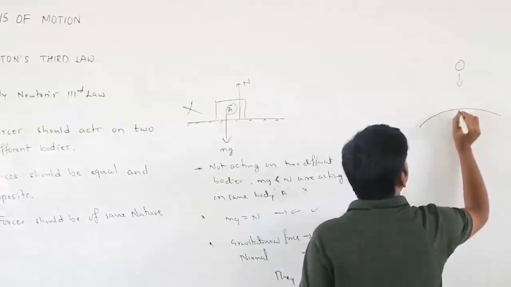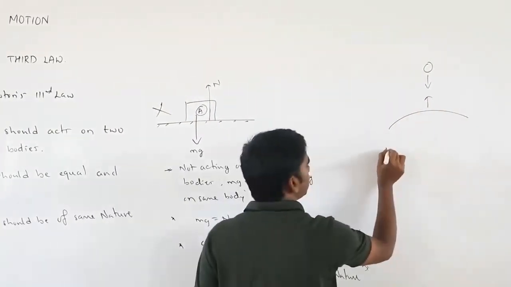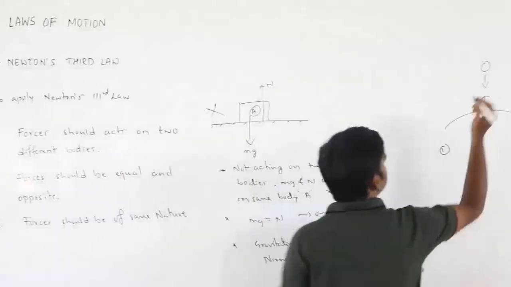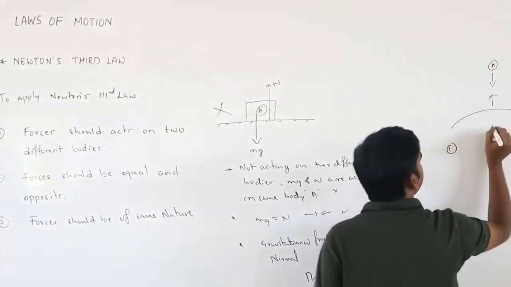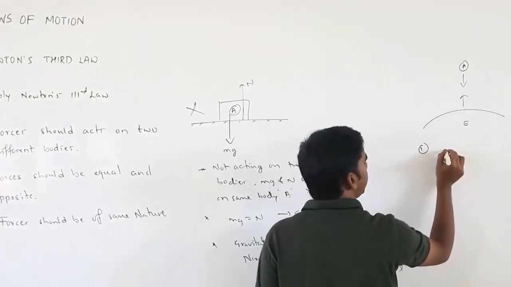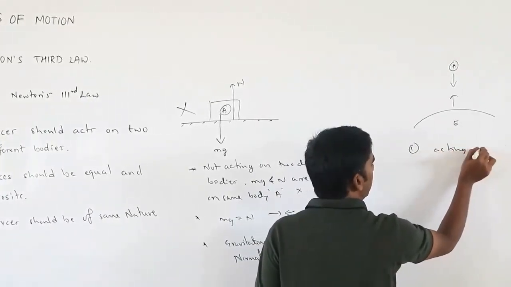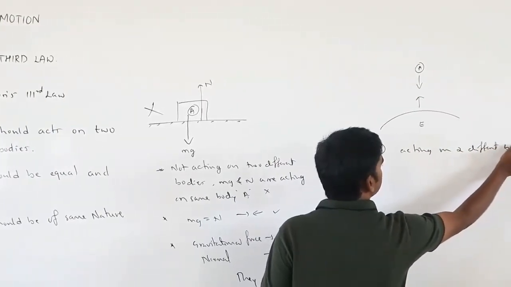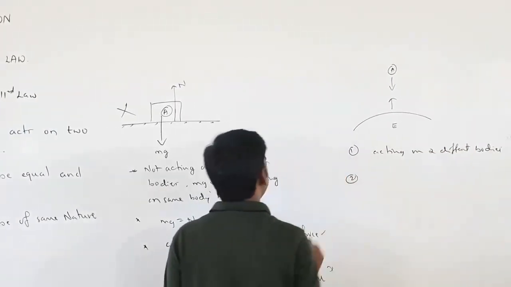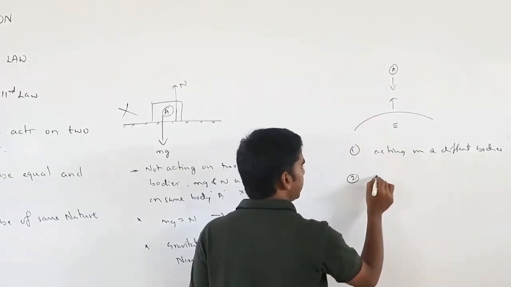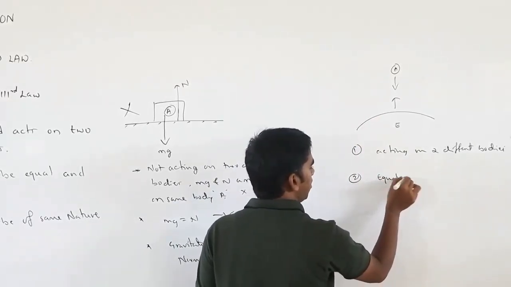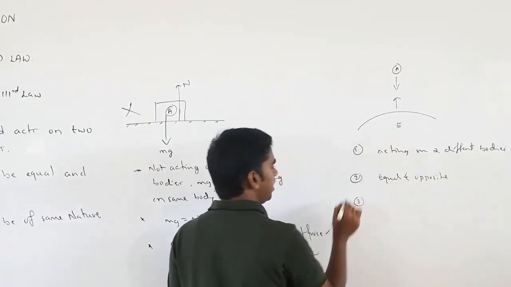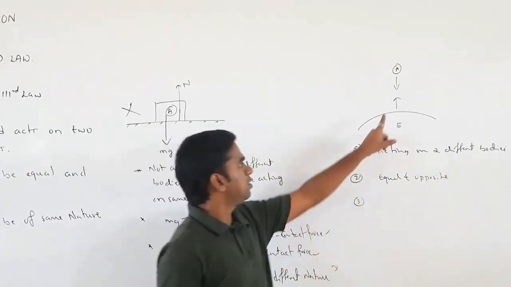so these are the equal and opposite forces. So the first condition is what? Forces should act on two different bodies. That's okay. It's body A and this is the Earth. So obviously they are acting on two different bodies. So the first one is good. Second, equal and opposite. Obviously they are equal and opposite forces. If you look at the third one, this is also gravitational force.